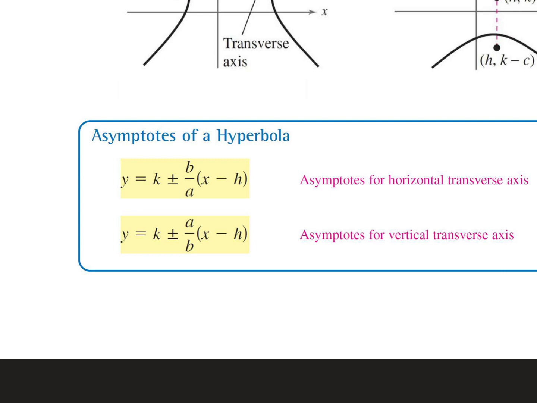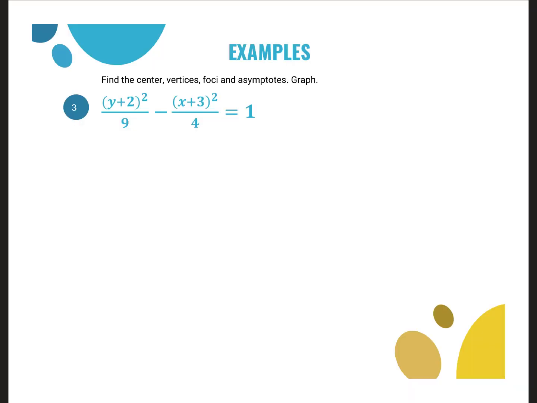If you had a vertical, it was a over b. Nothing changed about that. The only thing now is we have to account for our center. But again, you're going to be given these, so you just need to understand that your horizontal asymptote is b over a, the vertical one is a over b. We're still going to find all the stuff the same. All right? Let's go to one example, and then I'll do the last one on the video.